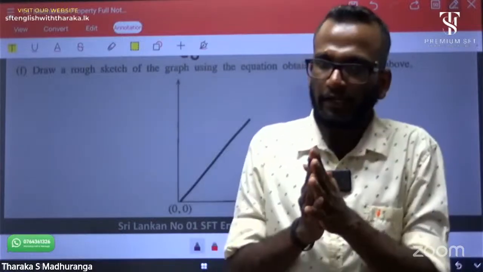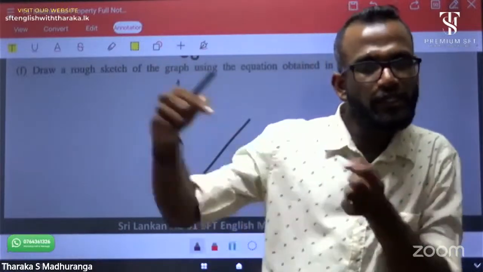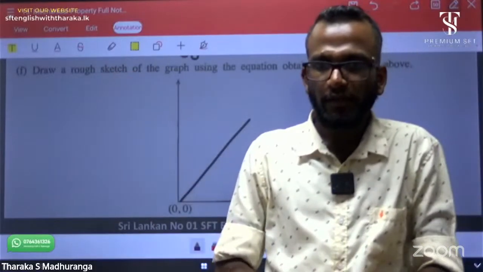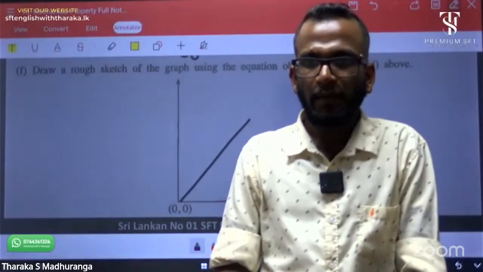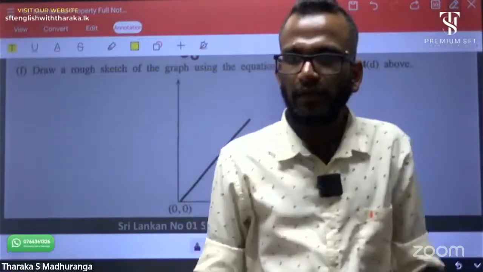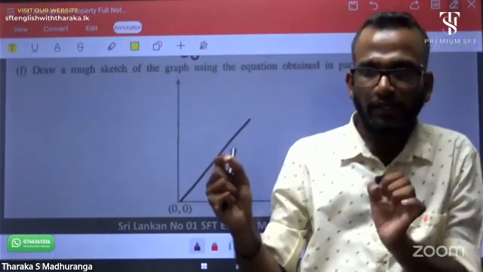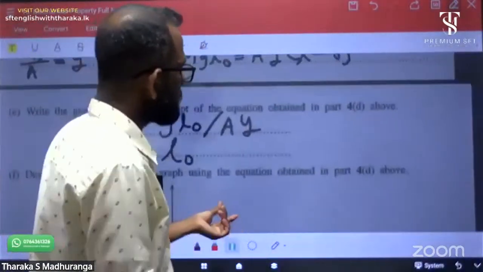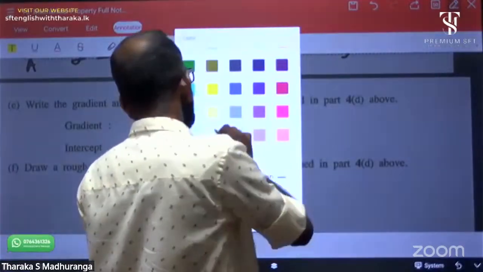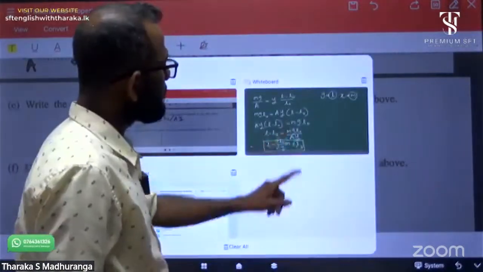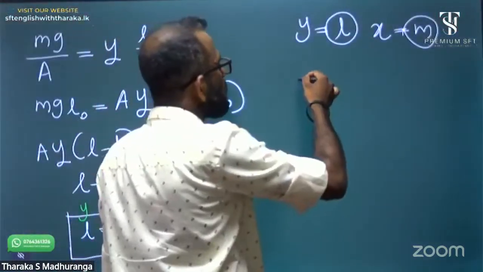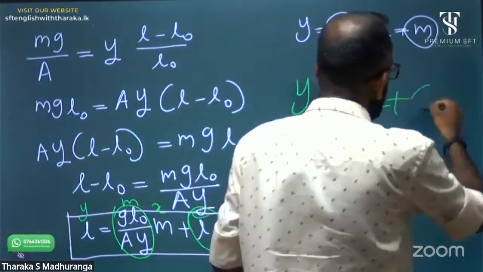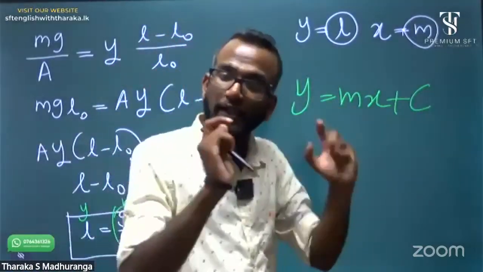Yes, it should be a straight line. But is it going through the origin, the 0, 0 point? No, why? It has an intercept. If the intercept were 0, our equation should be y equal mx type. But our equation is mx plus c type, and mx plus c type means it has an intercept.